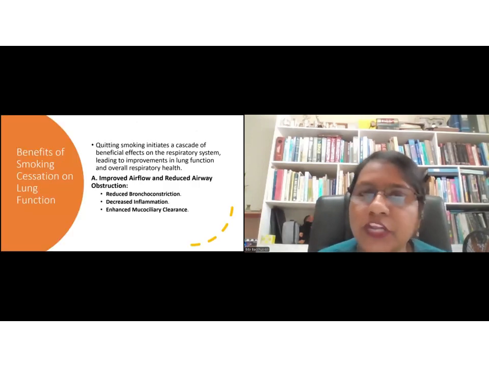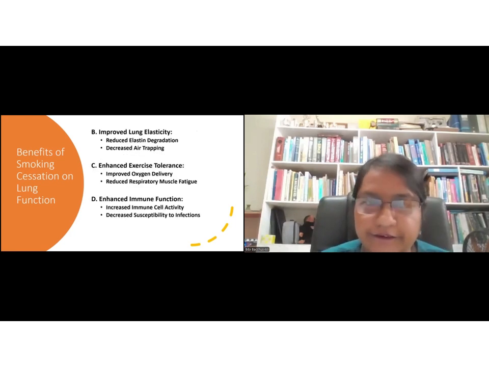Now, quitting smoking initiates a cascade of beneficial effects on the respiratory system, leading to improvements in lung function and overall respiratory health. Improved airway function and reduced airway obstruction via reduced bronchoconstriction, decreased inflammation, and enhanced mucociliary clearance.